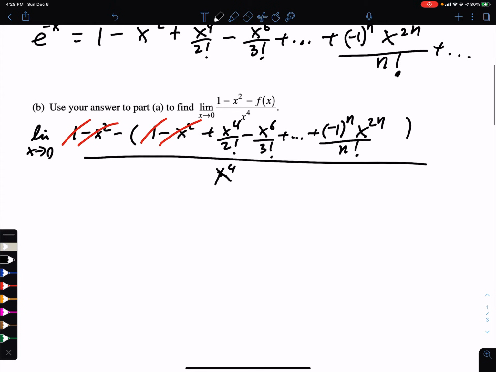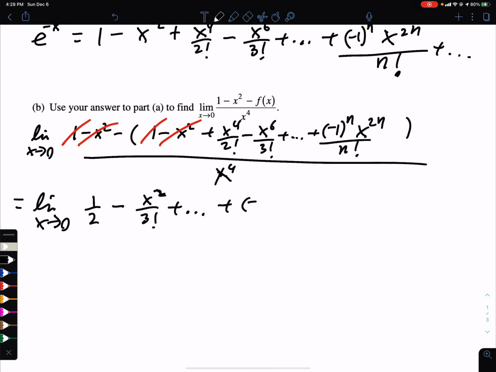So now we have this equals, and divide each, so x to the 4th divided by x to the 4th is going to be 1. So we're going to get 1 over 2 minus x squared over 3 factorial plus dot, dot, dot plus negative 1 to the n x to the 2n minus 4, because you're dividing by x to the 4th.